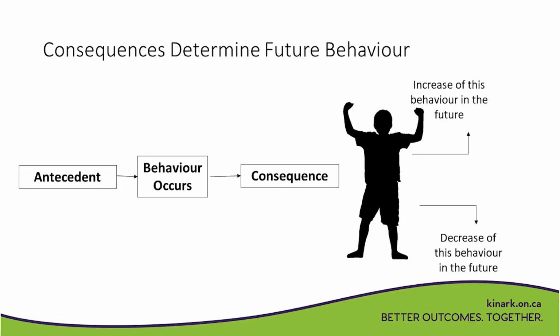For example, if a teacher says, "Do your math," the antecedent, and the child completes his math, the behavior, and the teacher gives a high five and cheers loudly, the consequence, and the child does not like the physical contact or loud cheering, this decreases the likelihood that he will complete his math in the future when asked. A consequence may be reinforcing or punishing based on how the child experiences it, not how we perceive it.